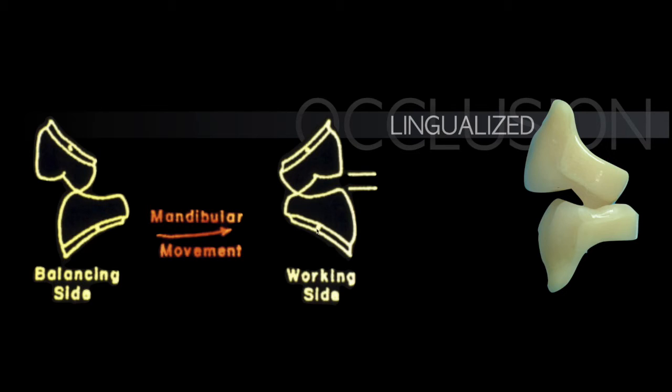When it comes to the working side, the lingual side of the mandibular teeth will be in contact with the maxillary lingual cusp. So whether it's the balancing side or working side, only the maxillary lingual cusp is in contact with the occlusion. Therefore, it's called lingualized occlusion.